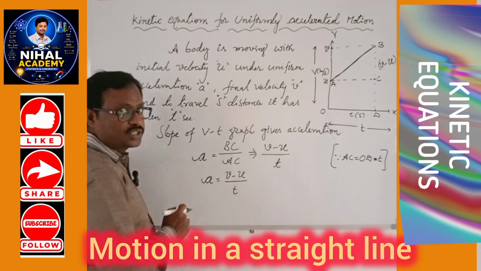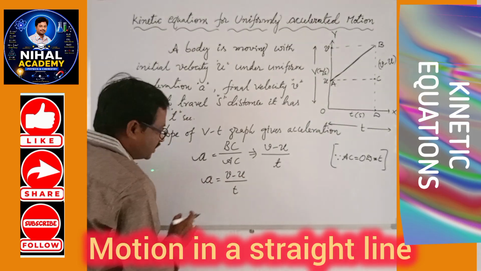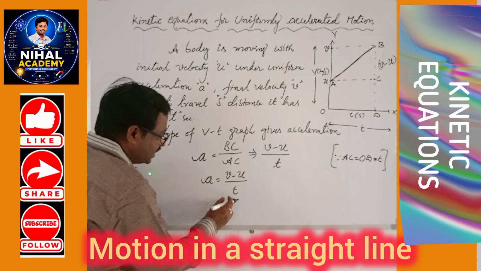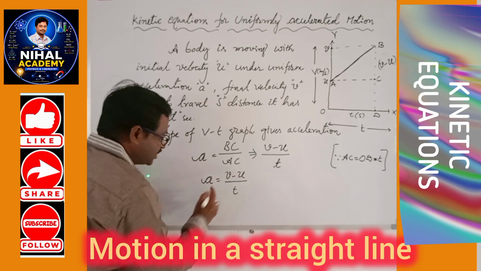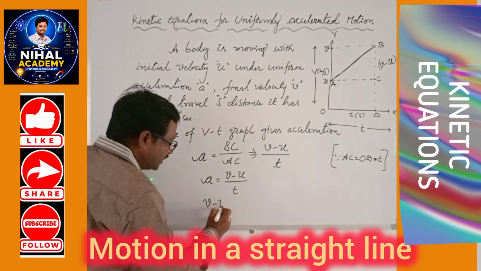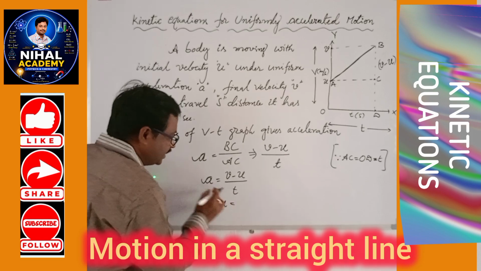Cross multiplying, at is equal to v minus u. So v minus u is equal to a into t.